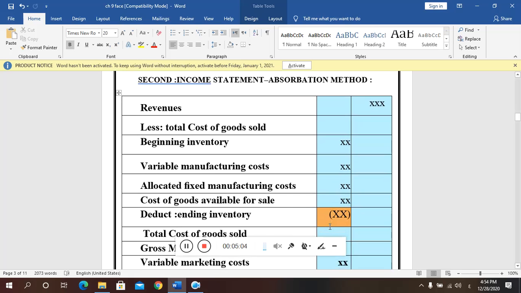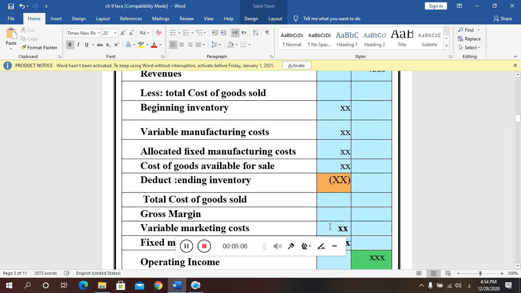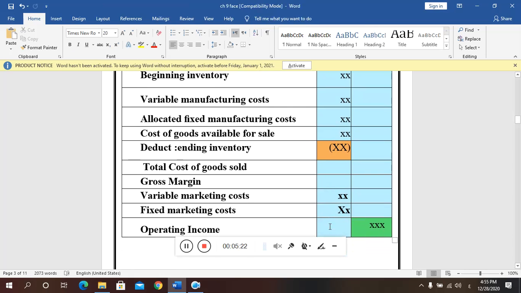Deduct ending inventory, we will get total cost of goods sold, and we will deduct the cost of goods sold from the revenues. We will obtain the gross margin, minus variable marketing costs and the fixed marketing costs. We will obtain the operating income. So we can say that under the absorption costing method, the period costs are variable marketing costs and fixed marketing costs.